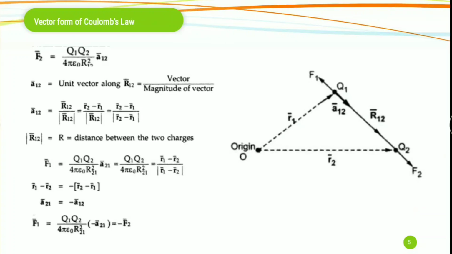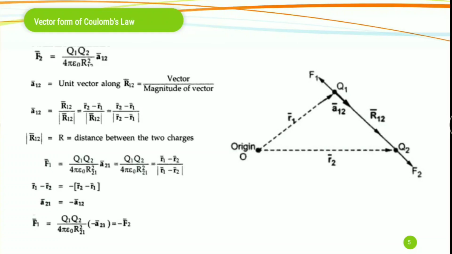That means because of the mutual effect of charges, forces are developed. That is the main concept, and they are represented by the letters F1 and F2. Then what is the relation between these two forces?